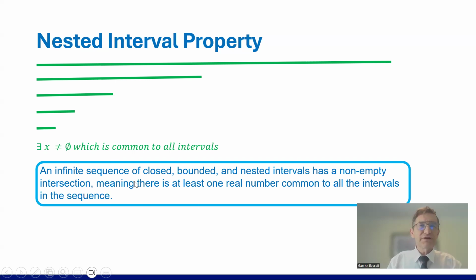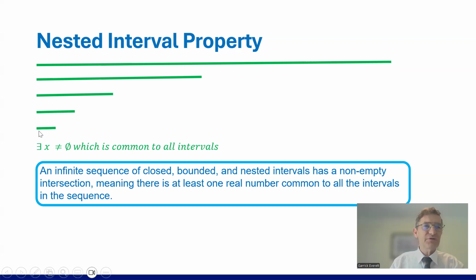The nested interval property is that an infinite sequence of closed, bounded, and nested intervals has a non-empty intersection, meaning there's at least one real number common to all the intervals of the sequence. By these green lines, I'm just representing a sequence of numbers to show you, halve it, halve it, halve it.